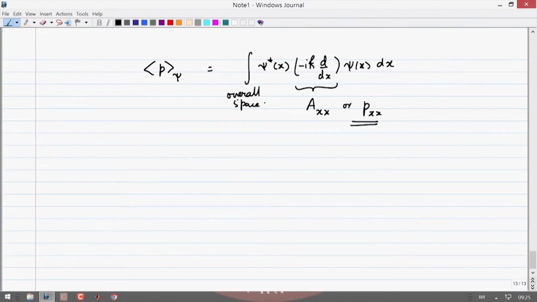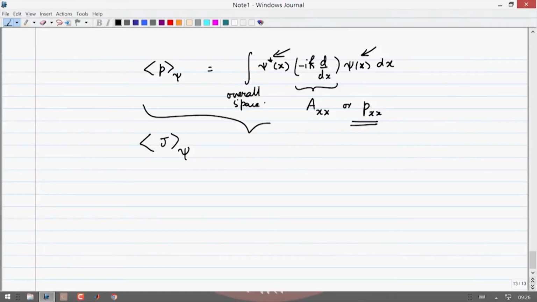Now, for the example of the particle in a one dimensional box, we saw that this answer is 0. But if you calculate, instead of linear momentum, the angular momentum for the particle on a ring, you will see that for certain wave functions this number is not 0, it is a very precise value. Therefore, depending on the form of the wave function psi of x, it is possible for us to have an average value for the momentum of the particle, which means that the momentum is non-zero.